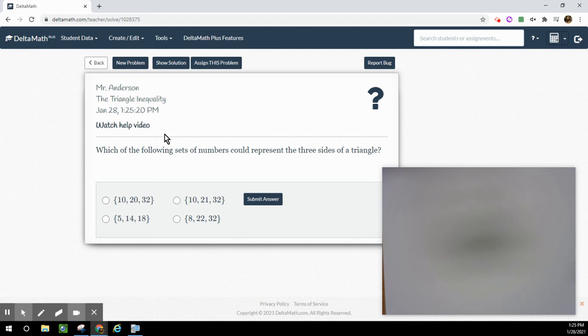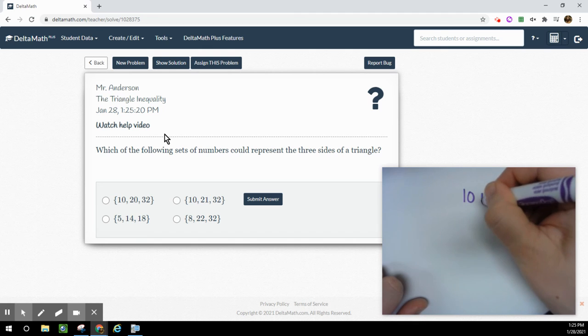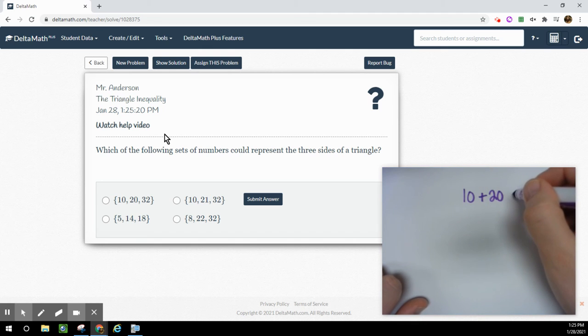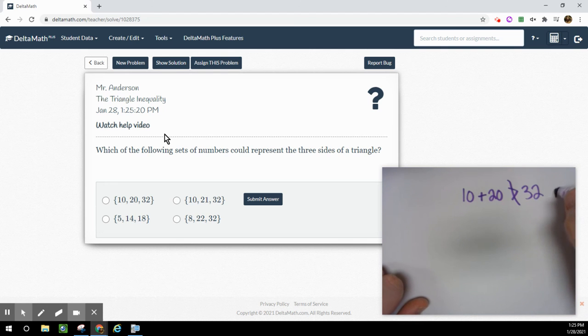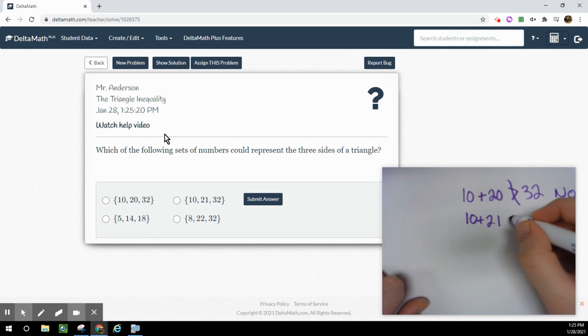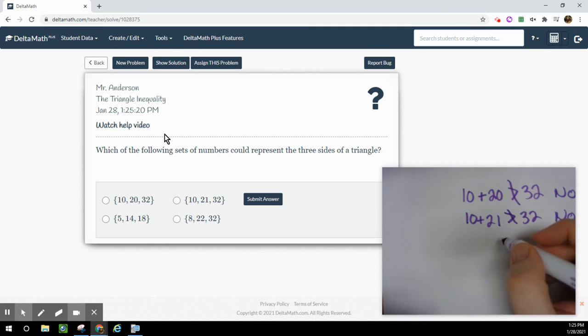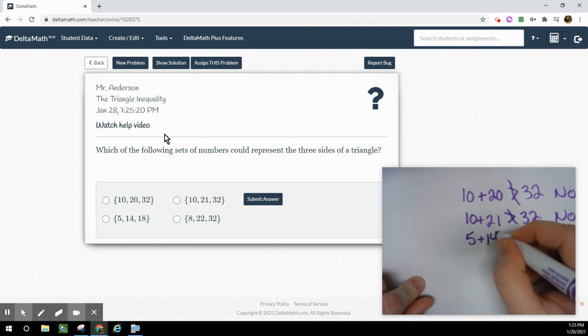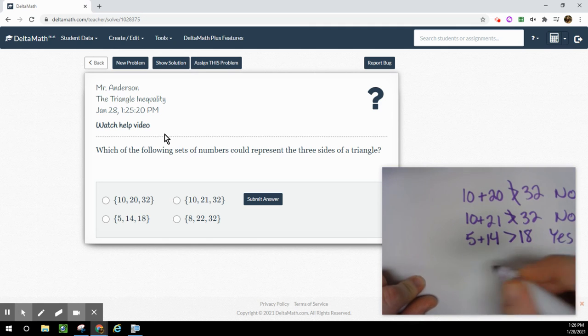Which of the following sets of numbers could represent the three sides of a triangle? Let's see. 10 plus 20 is not more than 32, so that would be a no. And 10 plus 21 is still not more than 32, so that's a no. And 5 plus 14 is greater than 18, so that's a yes. 8 plus 22 is not more than 32.